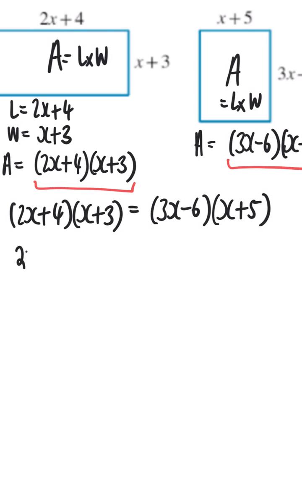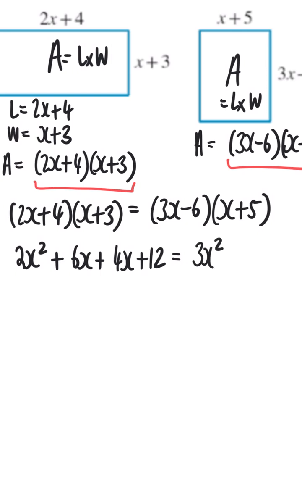I've got 2x squared plus 2x times 3 is 6x plus 4 times x plus 4 times 3, which is 12. And then I'm going to expand out the right hand side. 3x times x plus 3x times 5 is 15x minus 6 times x minus 6 times 5 gives me minus 30.